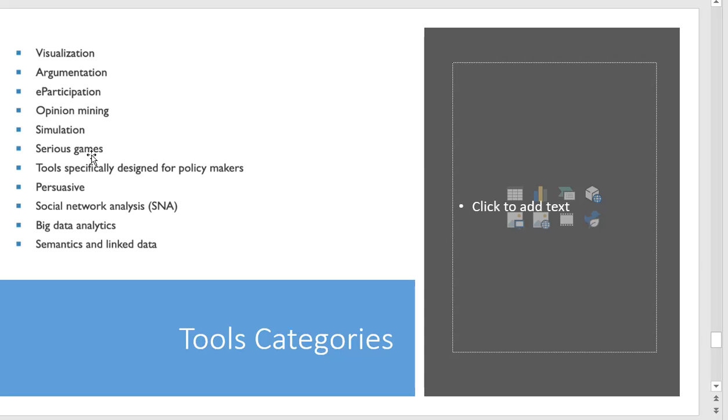We can use simulation models and gaming technologies. We use particular games to understand what exactly an IT policy is, why it is important for the organization, and what important policies could be included to ensure that privacy, security, and all purposes of the organization are met. There are also tools specially designed for policymakers, persuasive technologies, social network analysis, big data analytics, and rules and semantics related to linked data.